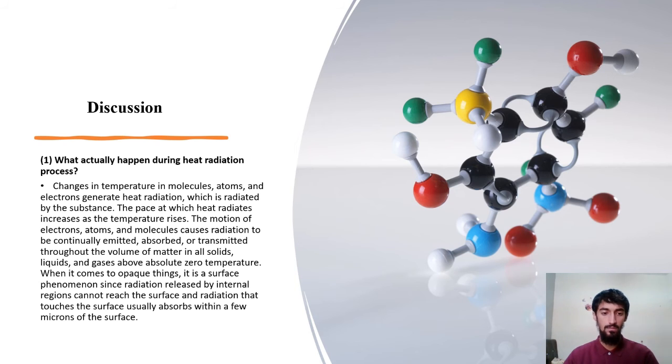For opaque things, it is a surface phenomenon, since radiation released by internal regions can't reach the surface, and radiation that touches the surface is usually absorbed within a few microns of the surface.